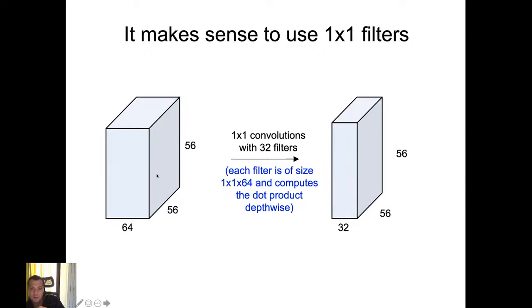In this case, for example, we can reduce the volume depth-wise from 64 components to 32 by applying 1x1 convolutions with 32 filters. This is one potential application, but it can also be used in different configurations to obtain, for example, separable convolutions.